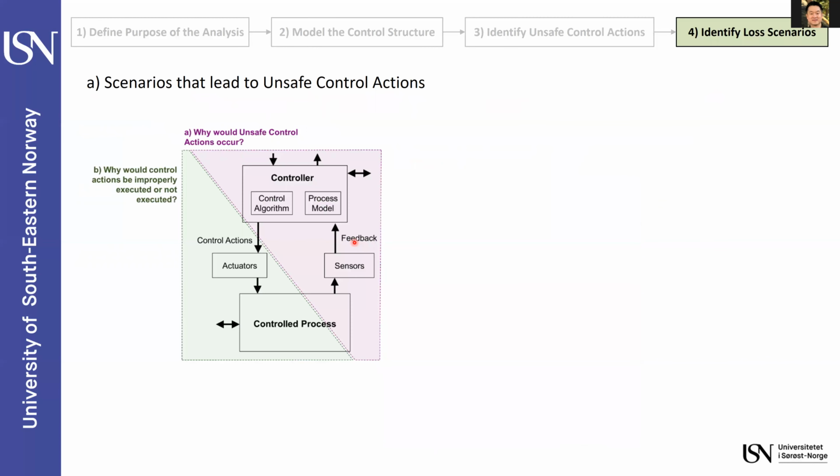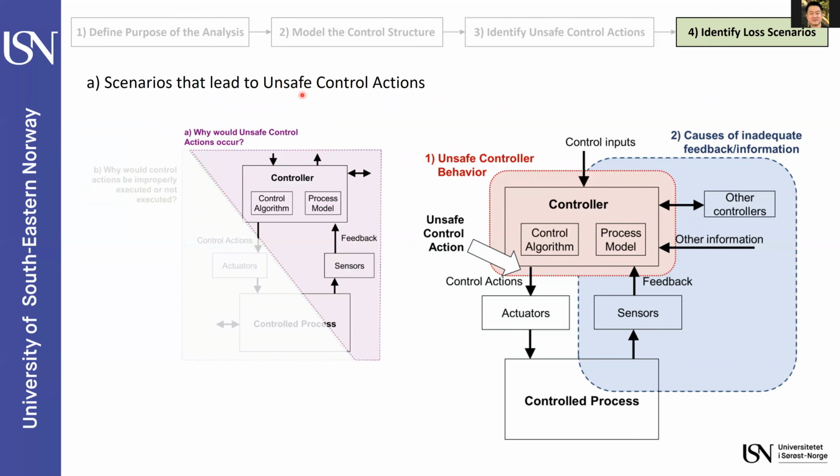The first is this part. Why would unsafe control actions occur? In other words, the scenarios that lead to unsafe control actions. And in order to identify these scenarios, we need to focus on the controllers and the sensors and the feedbacks.